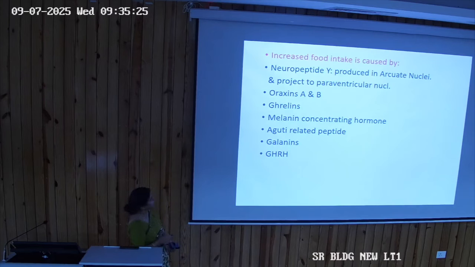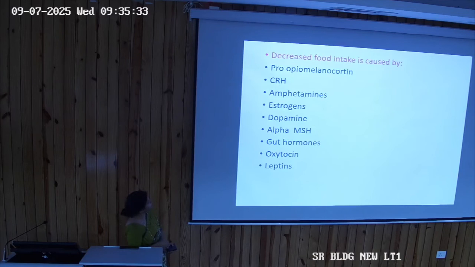Orexin A and B, ghrelin, melanin concentrating hormone, activity related peptide, and gonadotropin releasing hormone increase food intake. Decreased food intake is caused by amphetamine, CRH, estrogen, dopamine, alpha-adrenaline. So these are the various hormones and chemicals which are responsible for decrease or increase in the food intake.